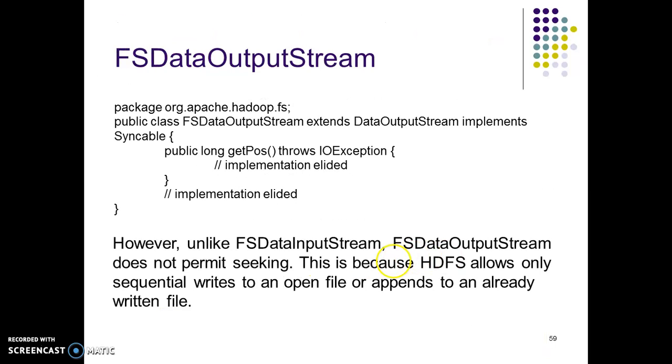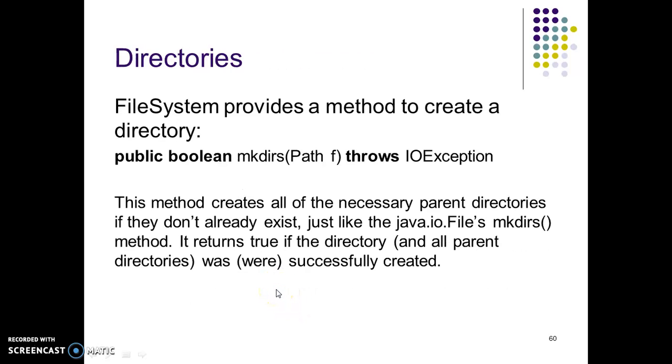Similarly we can make use of the getPos function also, for sequential writes to an open file, or only appends, so we can just get the position. But the problem with the output stream is that it cannot be seekable. It can be used only for appending to files.